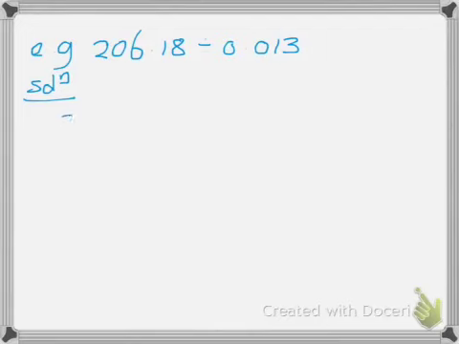I'm going to write it as a fraction. So I've got 206.18 divided by 0.013. Now, can you see that this number has 2 numbers after the decimal point, but this one has 3 numbers after the decimal point? So because 1,000 has 3 zeros in it, I'm going to multiply the top and the bottom by 1,000, and that will get rid of my decimals.